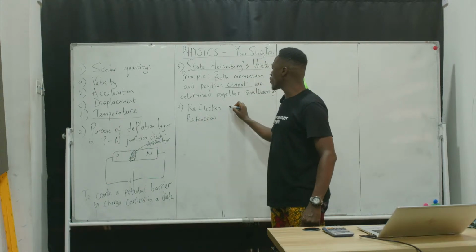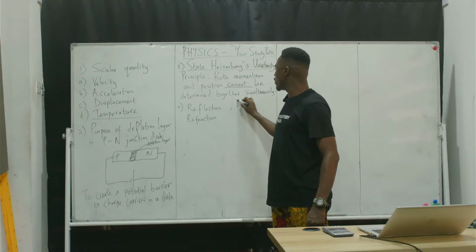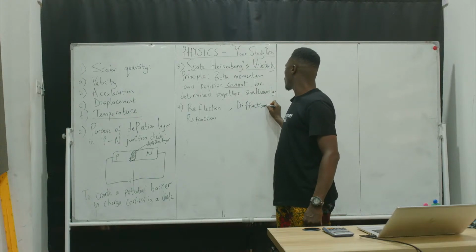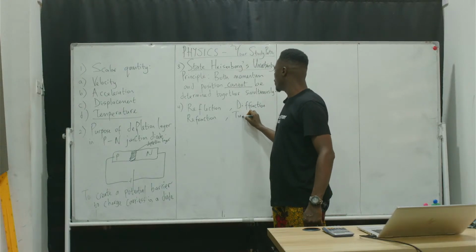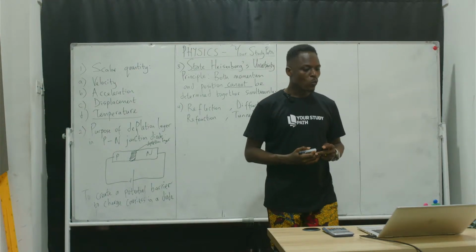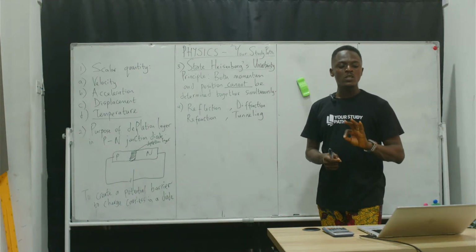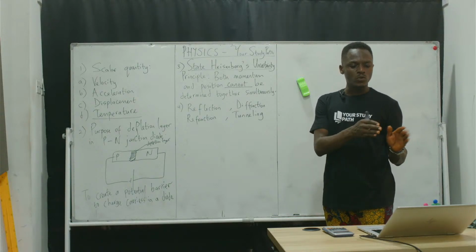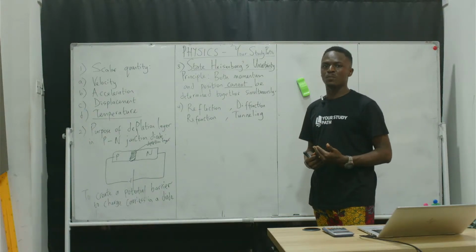Will you talk in terms of diffraction? Or will you talk in terms of tunneling? Which of these would you specifically make reference to in terms of particles passing through potential energy barriers?